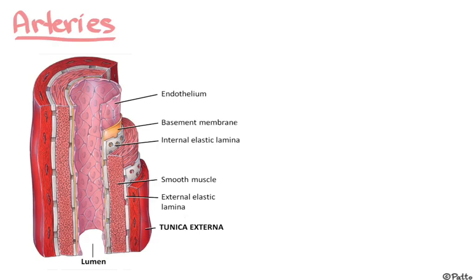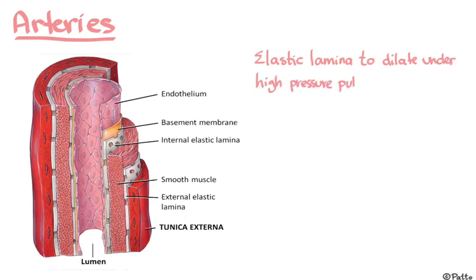So now let's take a look at arteries. This here is a cross section and a longitudinal section of an artery. You can see here that you have an elastic lamina. It is a place that dilates in order to accommodate the high blood pressure and the pulse. We have strong muscles here.